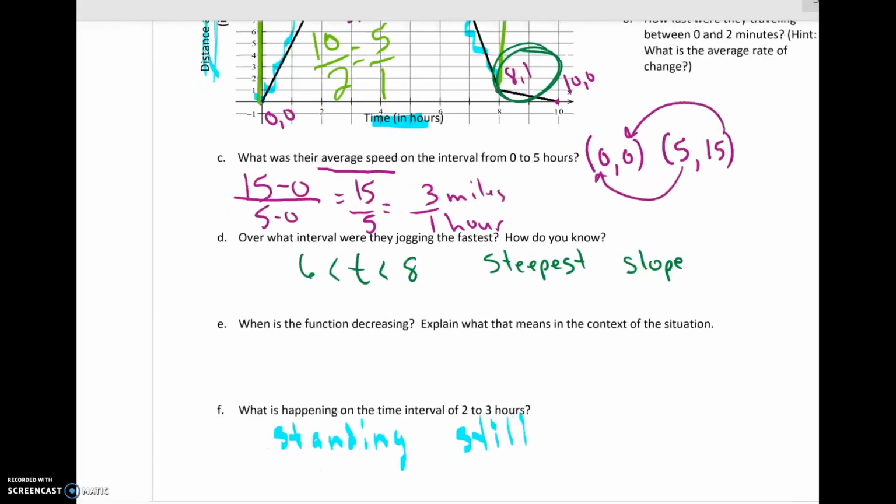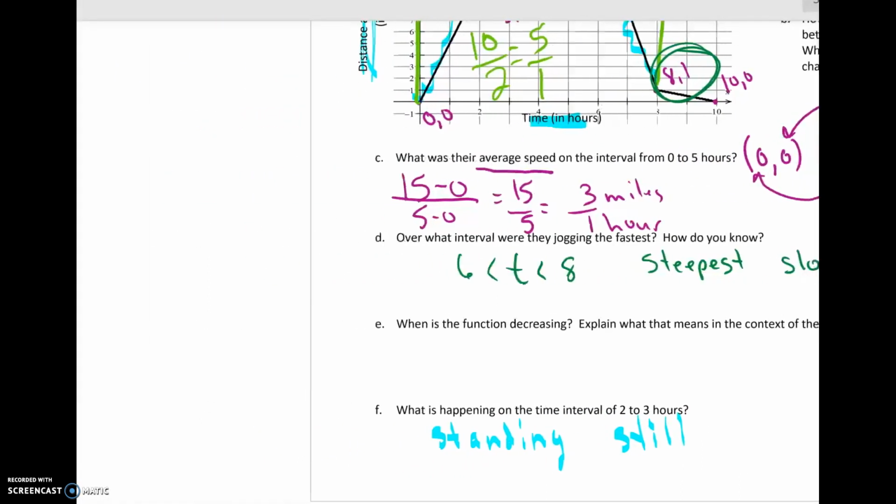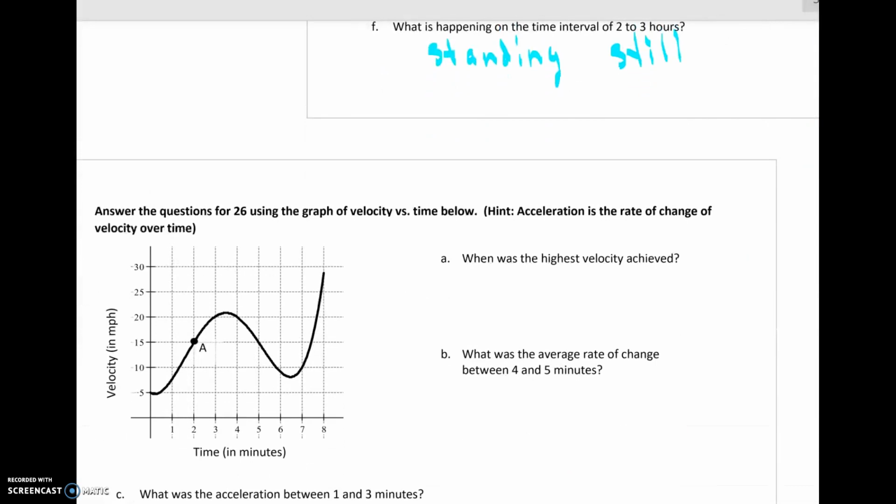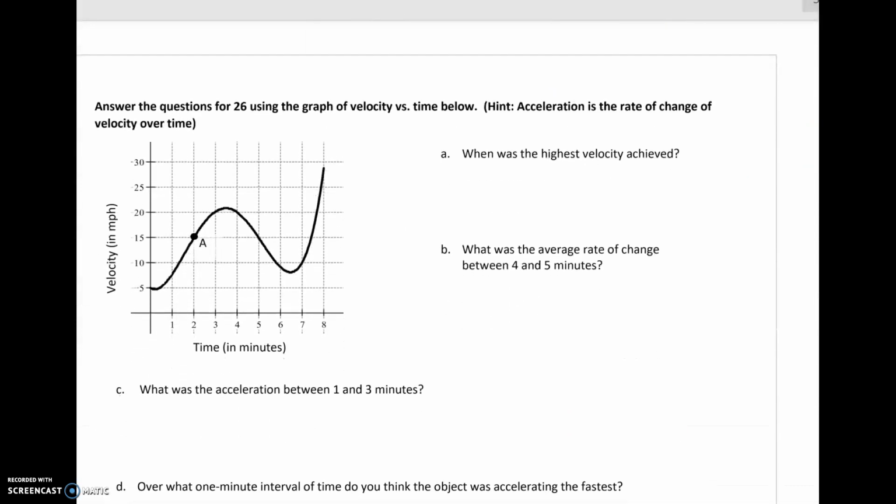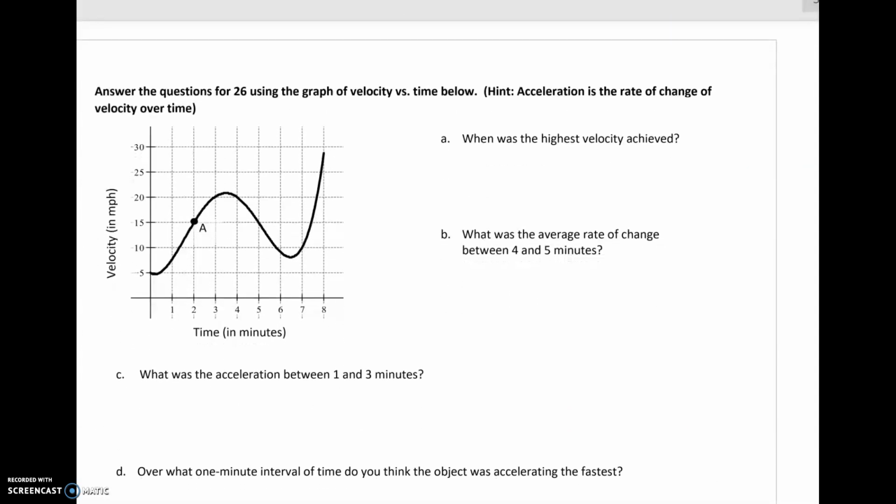All right, let's move down to our next question. So the same thing, we're going to need to know these points, and we'll do a few of them together. So let's see. This is an important point, this is 0, 5. A, they marked for some reason.